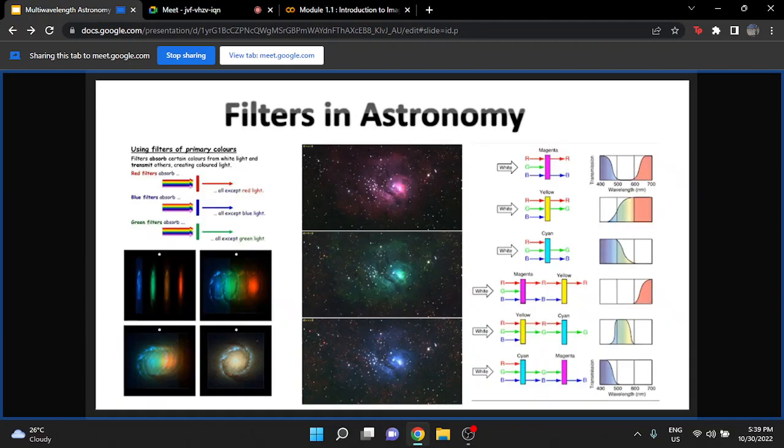Very similar to that, there are filters in astronomy where we try to get specific sections of the electromagnetic spectrum, as each gives us very different information, as we understood from the multi-wavelength astronomy brief diagram. So each wavelength, each filter will tell you a bit different information.